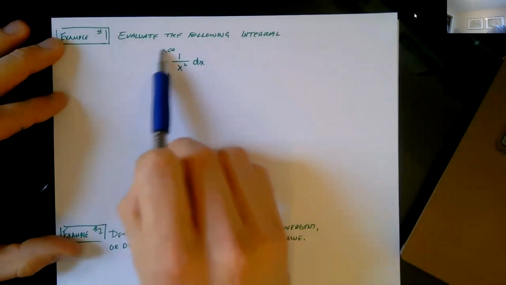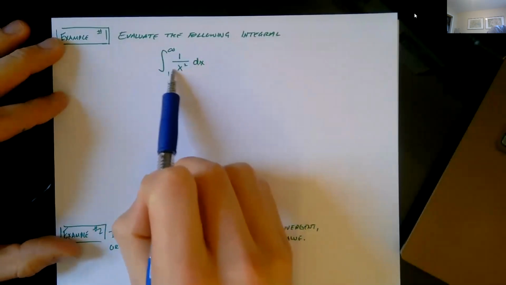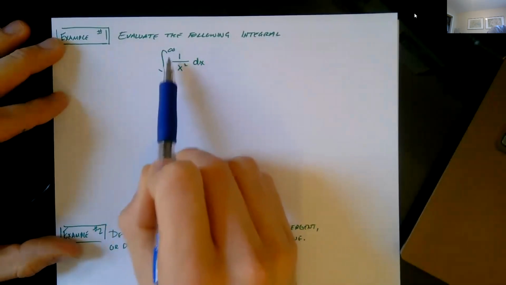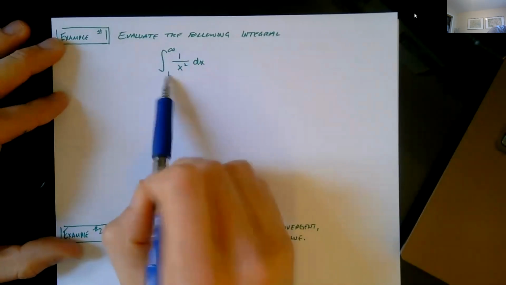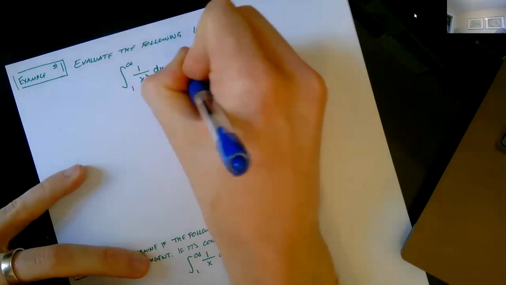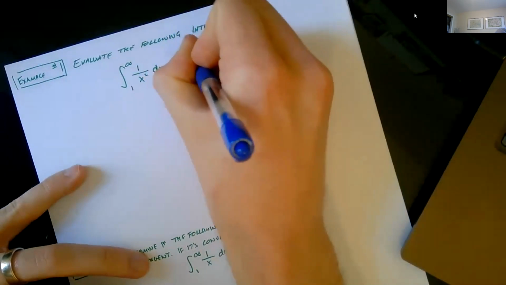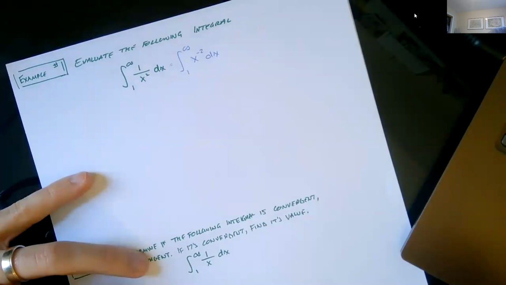All right, I need to somehow evaluate this integral. Well, I know from my prior knowledge that I could take the antiderivative of the inside and then plug in upper and lower limits and subtract. Let's try taking just the antiderivative first. So I know I could re-look at this integral as the integral from 1 to infinity of x to the negative 2 dx, just like that.